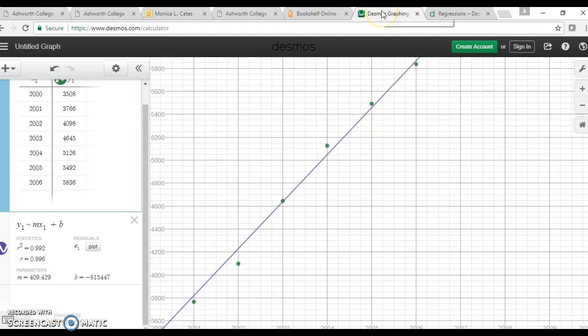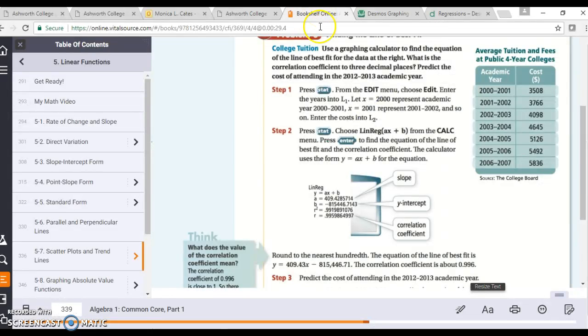Y-intercept is negative, that's a lot. Negative 815,447. Let's see exactly what they have. Yep, that's exactly what they have. They got a few more decimal places, though, of course.